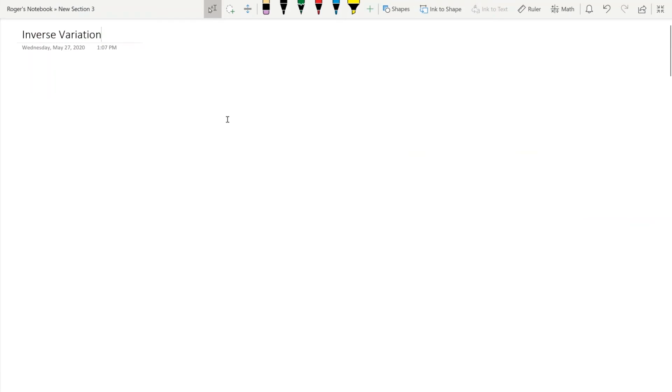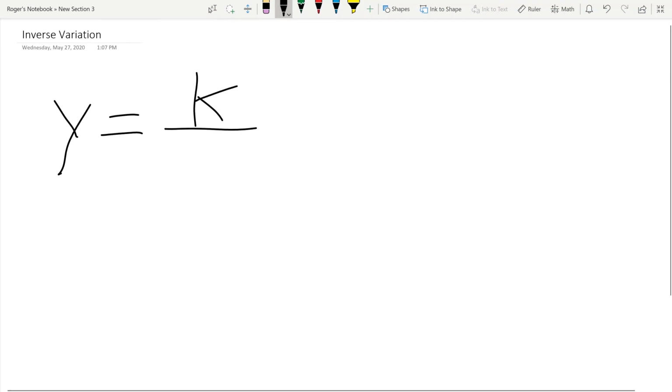So in inverse variation, basically what we have going on here is as follows. In inverse variation, we have y equals some constant k divided by x. This is the basic form for inverse variation.